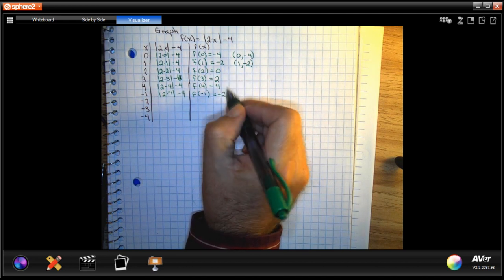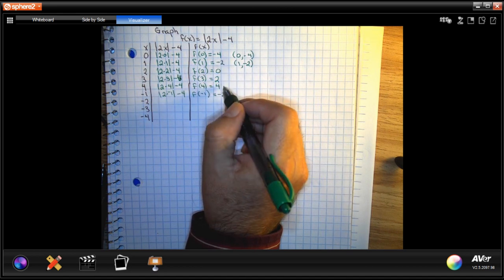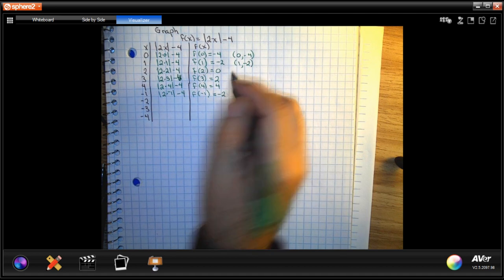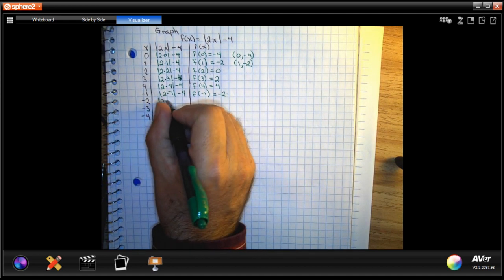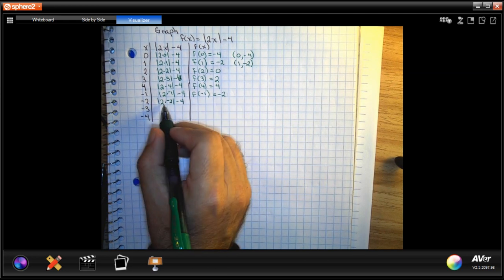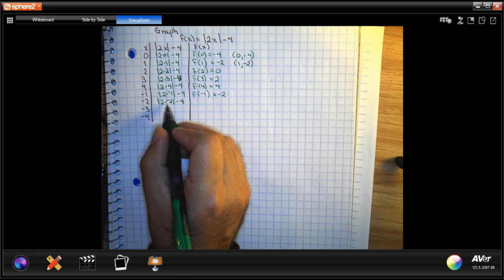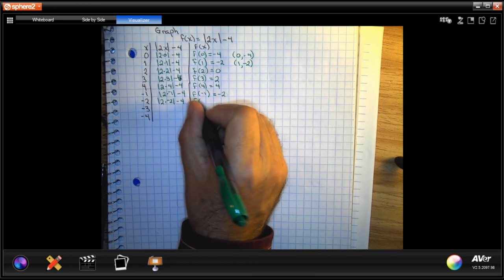Notice we have a pattern here. 2 times -2 is -4, and the absolute value of -4 is positive 4. 4 minus 4 is 0.